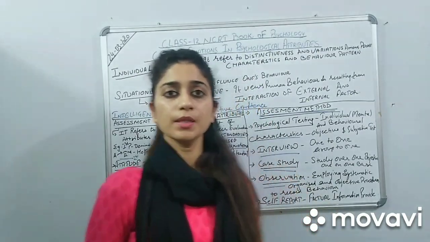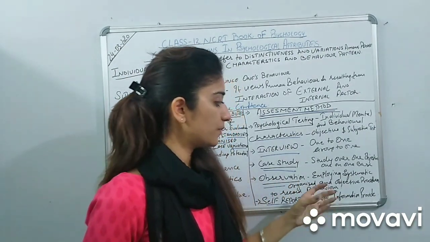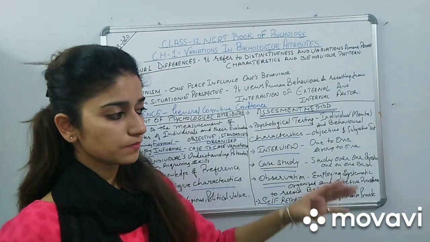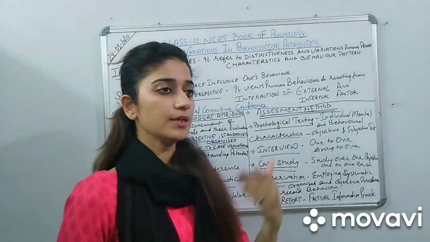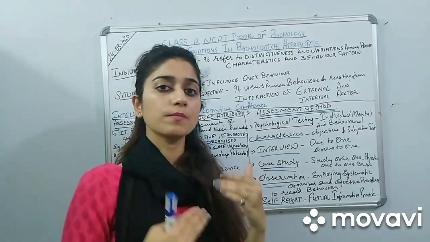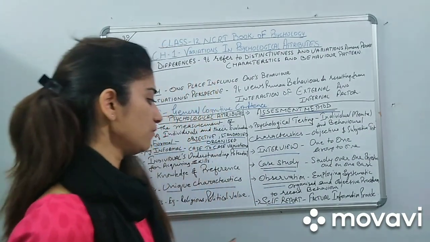All that will be considered. That is observation, employing a systematic organized form. In a particular method we observe a person. We will make a checklist of the parts of the person we have to observe, so that everything is done according to it.